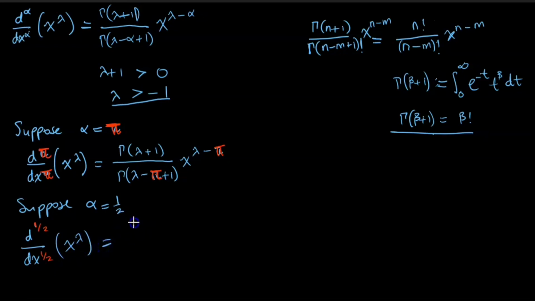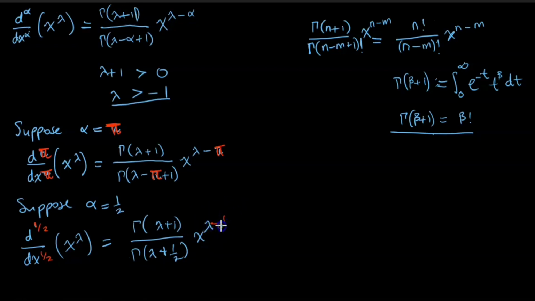Well, this would be gamma of lambda plus 1, using the same definition, divided by gamma of lambda minus 1/2 plus 1, which is just gamma of lambda plus 1/2. And then we have x raised to the power of lambda minus 1/2.